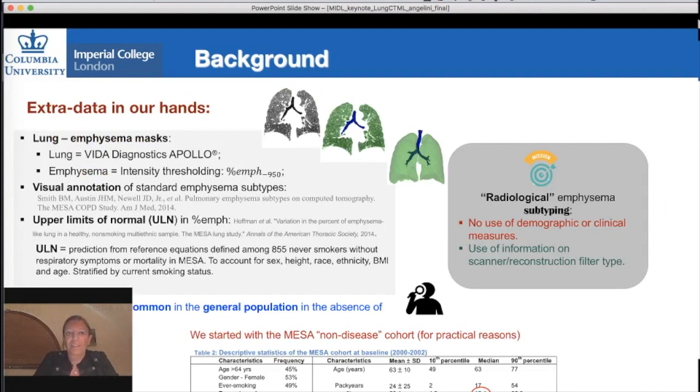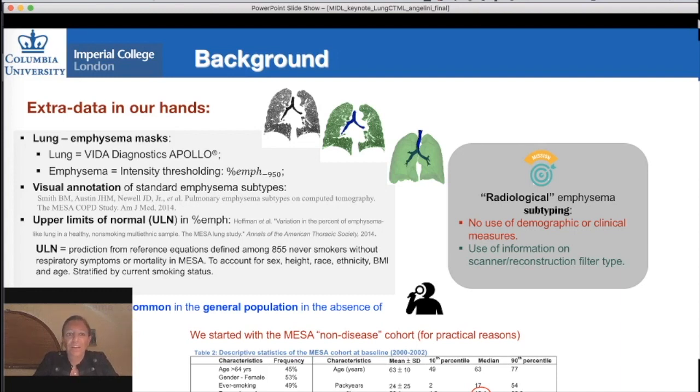There is some extra data that came with those CT scans. Lung masks were provided by VIDA. Emphysema masks were available by just using simple thresholding. We also had some visual annotation of standard emphysema subtypes on a subset of scans, which was done by one of our clinical collaborators.